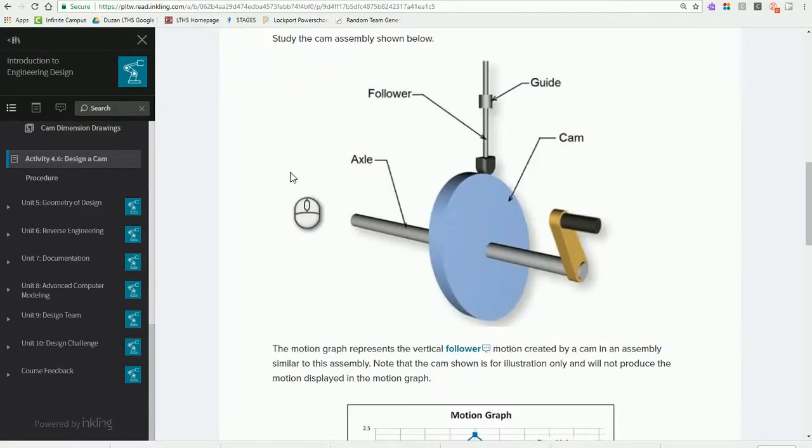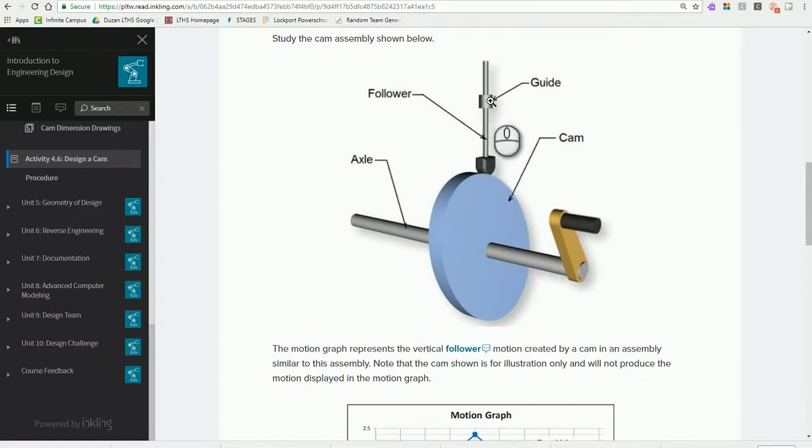In the first illustration we see, this is basically a vocabulary lesson of what you can expect in an assembly that we're going to be using for Automata. So take a look. We can see that we actually have this cam here. We have an axle that runs through the cam, and obviously these are going to be attached. At the end of the axle, we have our handle. And at the top of it, we do have our follower rod.